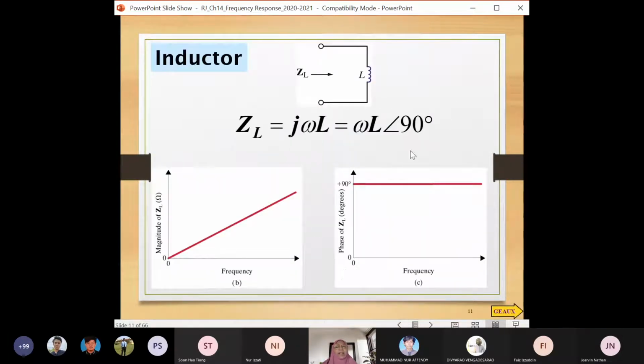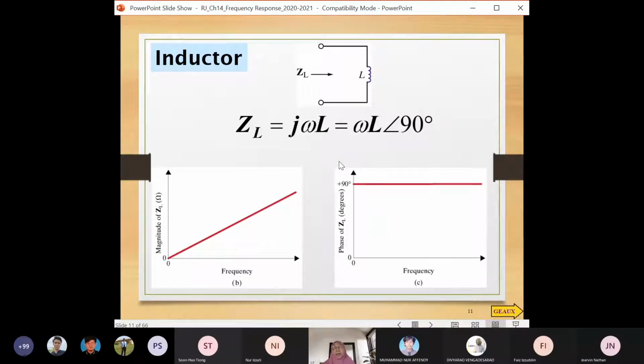The inductor impedance is leading by plus 90 degrees because of the equation j omega L. In polar form, j omega L is written as omega L angle 90 degrees, and the positive angle means that it is leading.